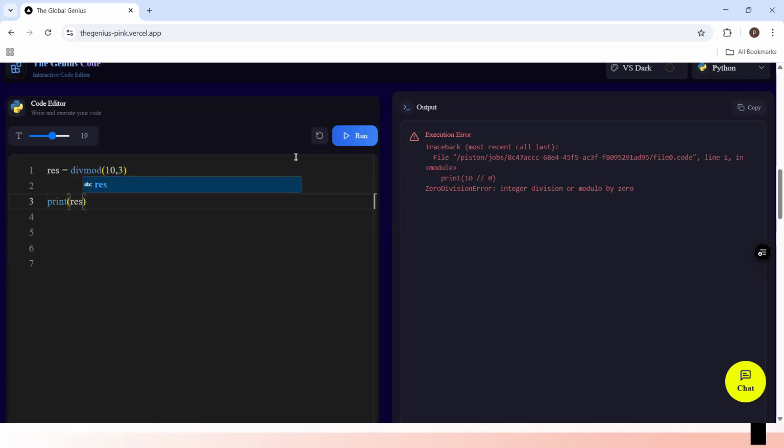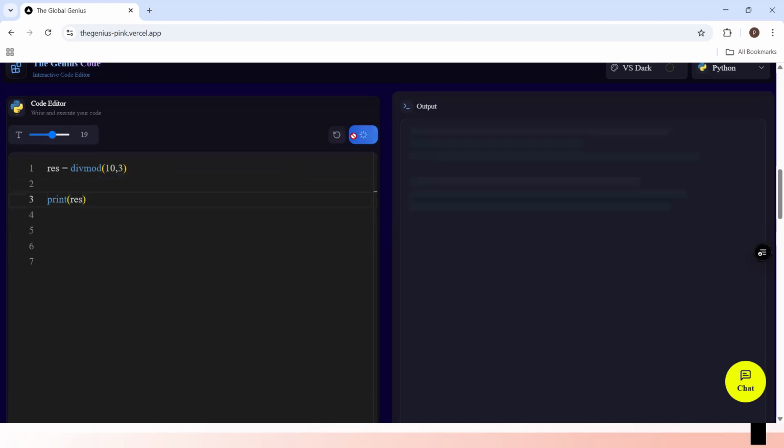This result is going to be a tuple containing the quotient and the remainder. So this is a combination of division and modulus. We'll still talk about modulus. If you want to get the quotient and the remainder in one go, you can use divmod.